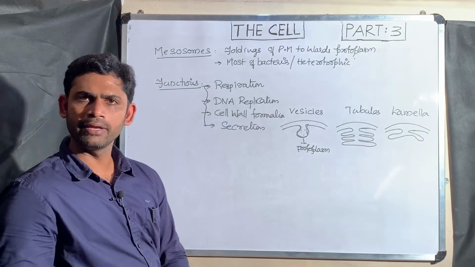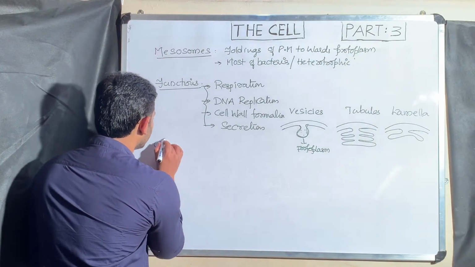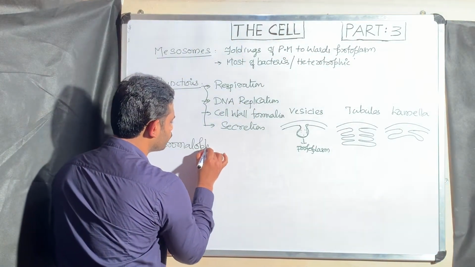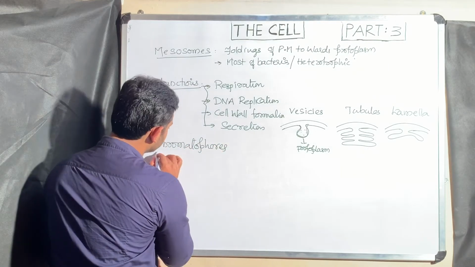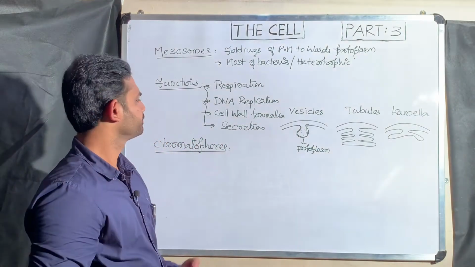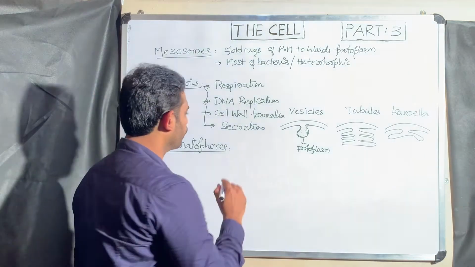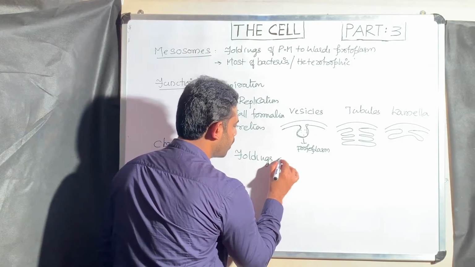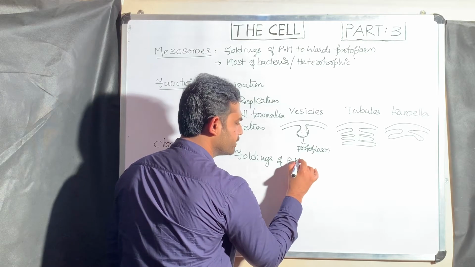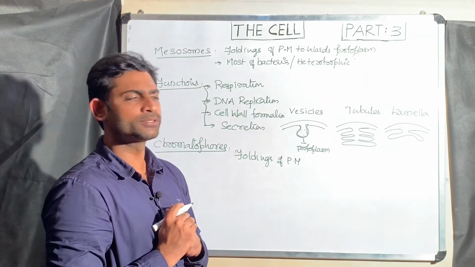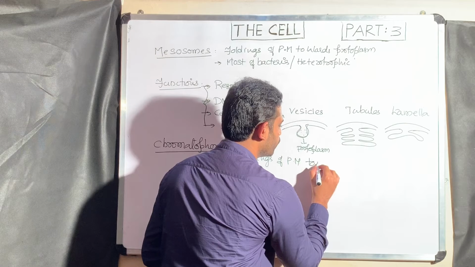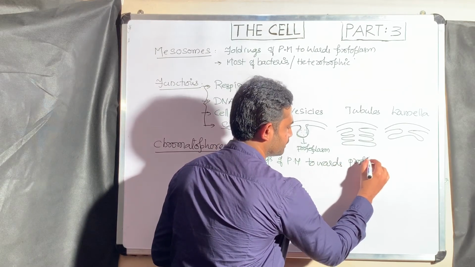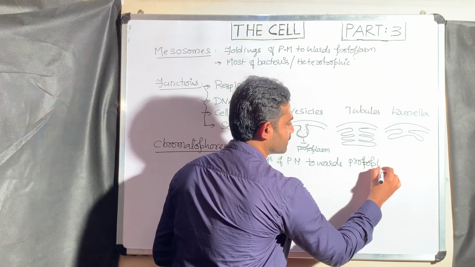Now I will tell you a similar thing about chromatophores. You can easily understand. Chromatophores are also foldings of plasma membrane, exactly like a mesosome, towards the protoplasm. Till now okay?